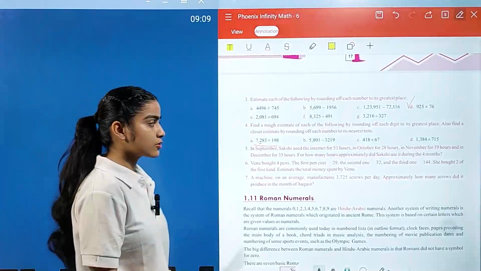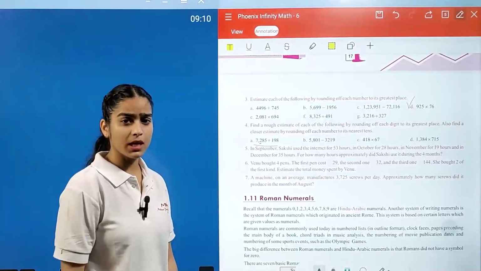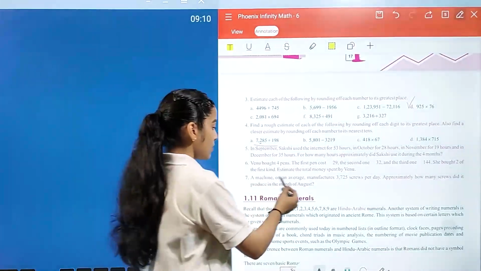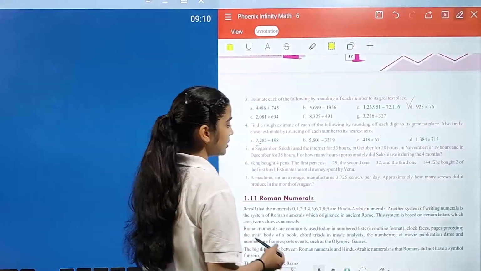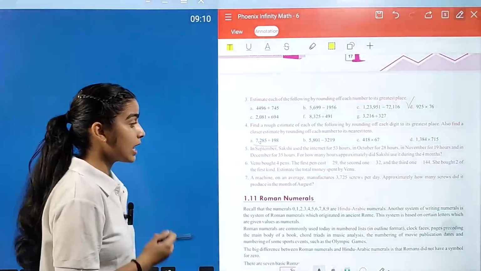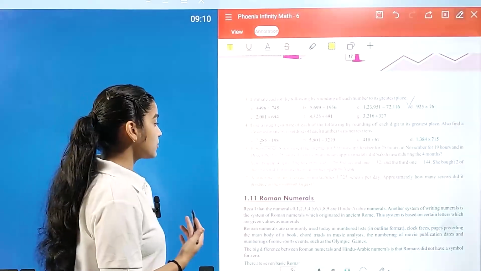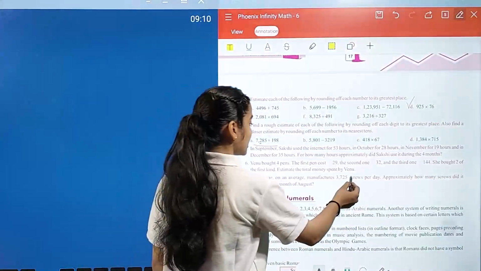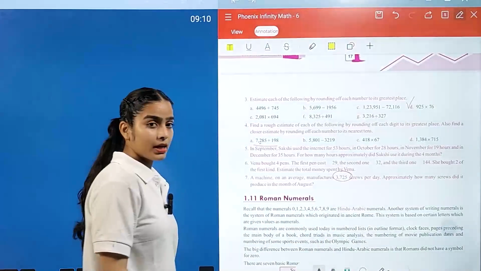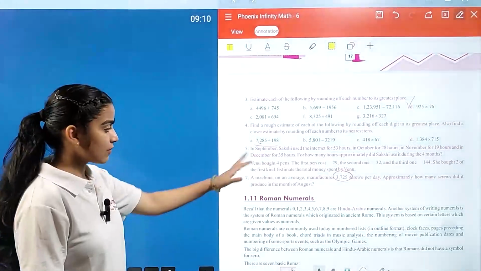Accordingly, you have to solve the rest of the parts. You just have to estimate, and then you have to apply your operation. A machine on average manufactures 3725 screws per day. Approximately how many screws did it produce in the month of August? So you have to multiply this number by estimating. In August we have 31 days, so you just have to multiply it.